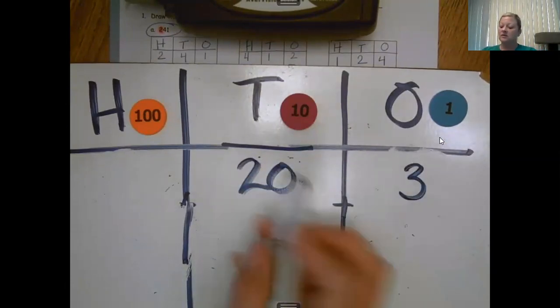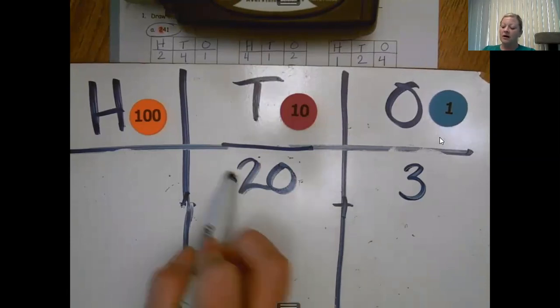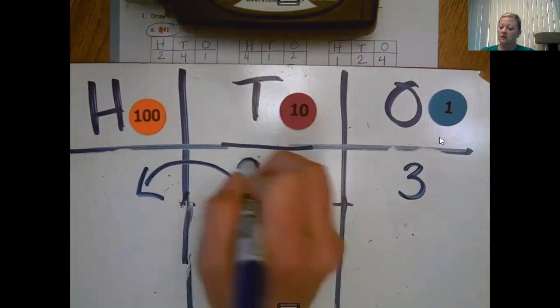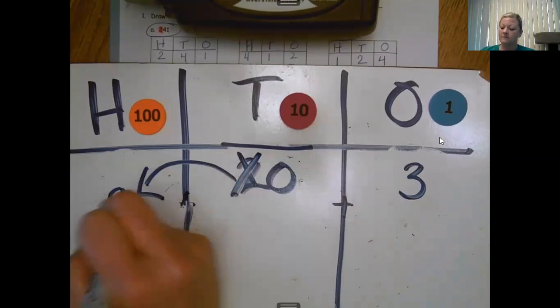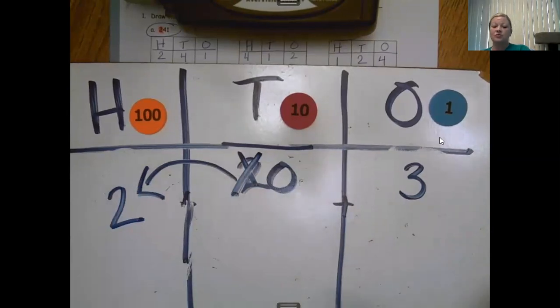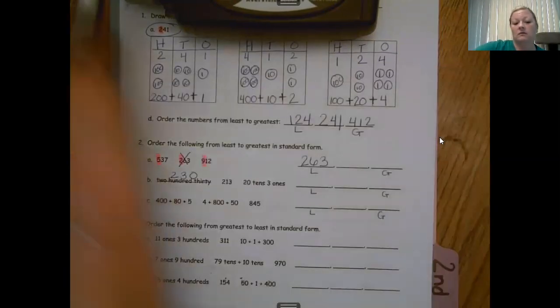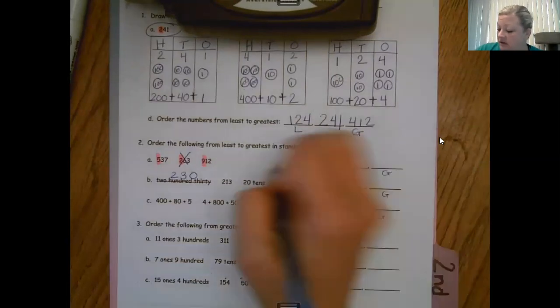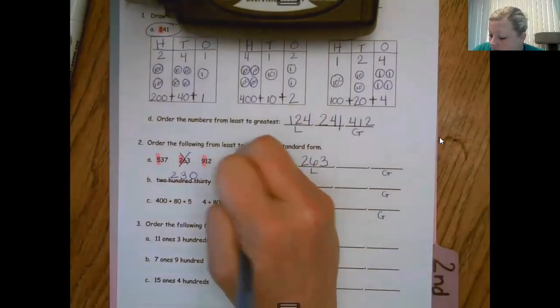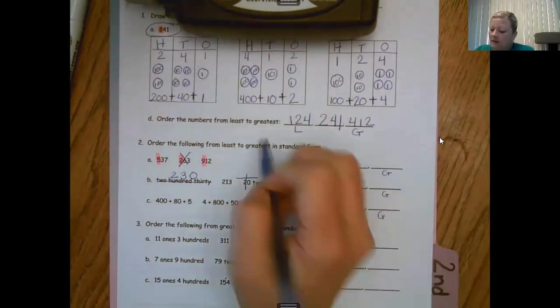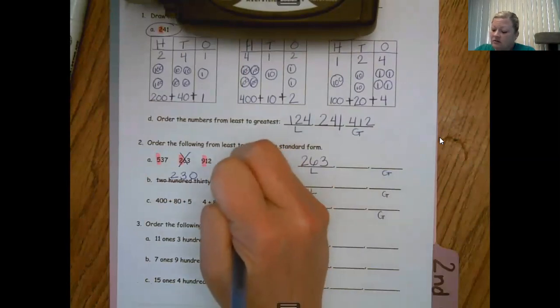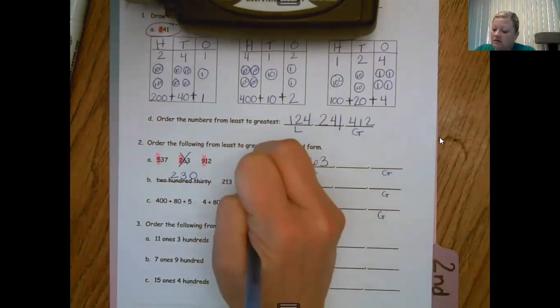Watch what happens. The 2 automatically moves here and goes away. So it becomes 203. You can even break it up into hundreds and tens.